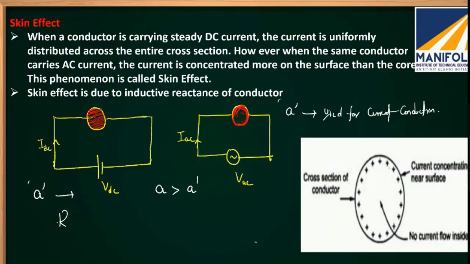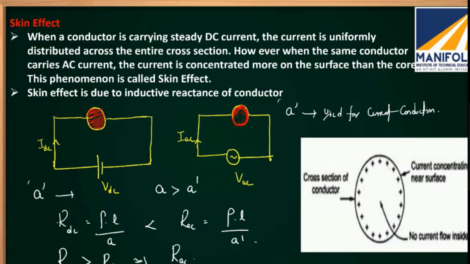So RDC, which equals rho L by A, is less than RAC, which is rho L by A dash, since A is greater than A dash. So RAC is greater than RDC, approximately RAC is 1.6 times RDC.